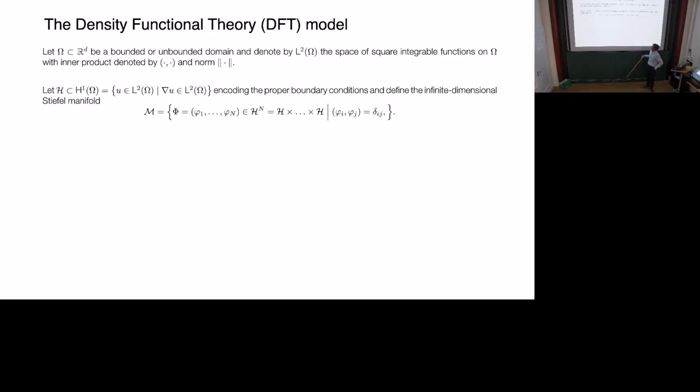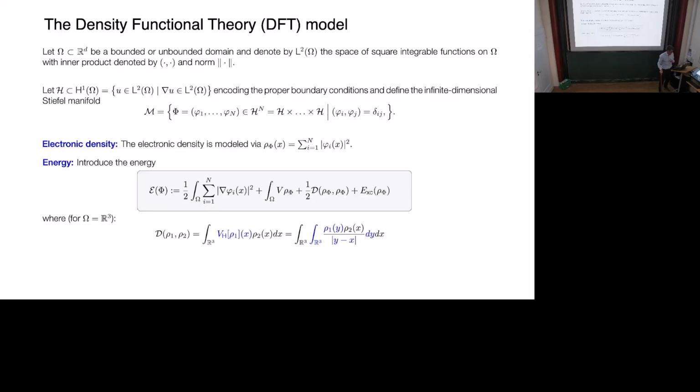There are different choices, and you can look at this kind of infinite dimensional Stiefel manifold. So you take n copies of H, but they need to be pairwise orthonormal. If you have such a state, phi, you can model the electronic density as the sum of the phi squared.